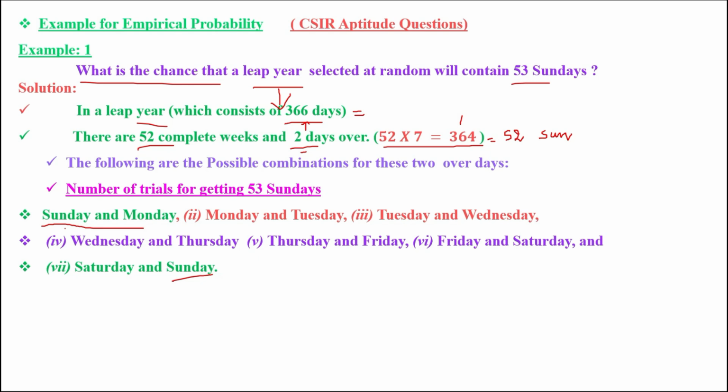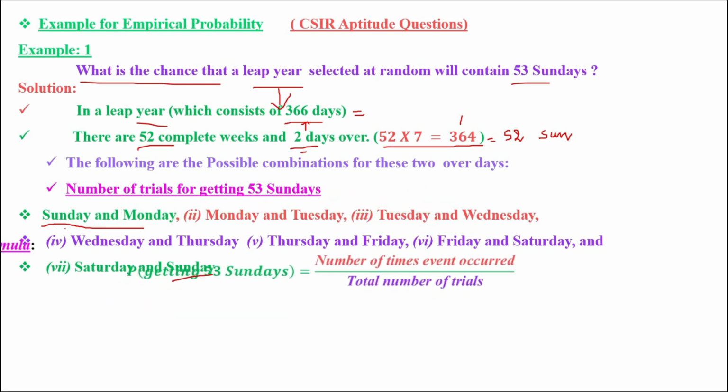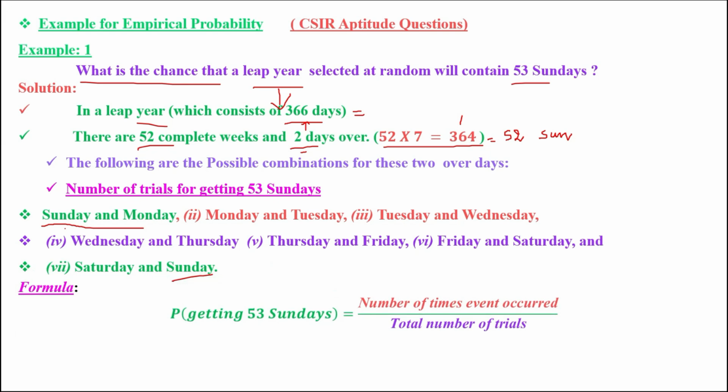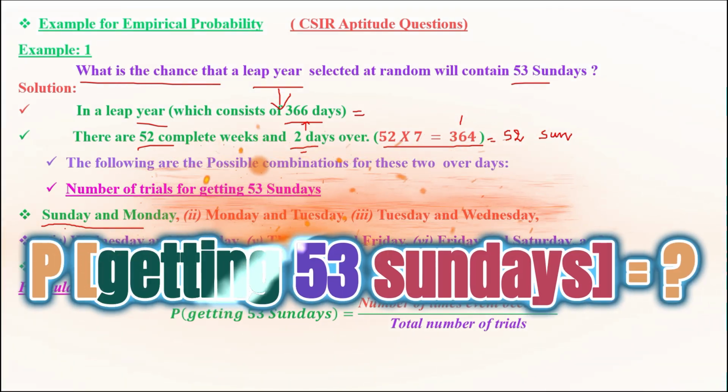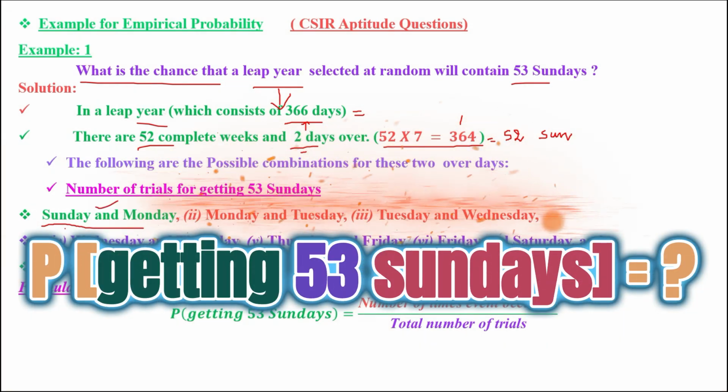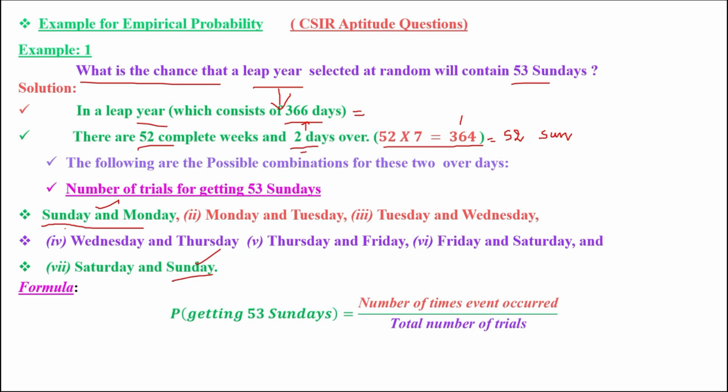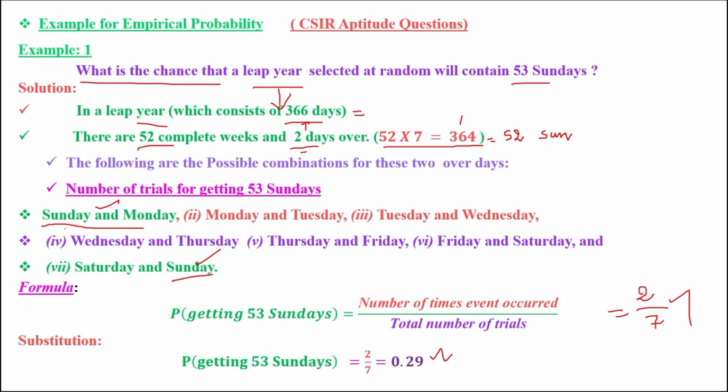Now how do we find the probability? The probability of having 53 Sundays is equal to the number of times the event occurred, which is 2, divided by the total number of trials, which is 7. So the probability of having 53 Sundays is equal to 2 by 7. Thank you, students.